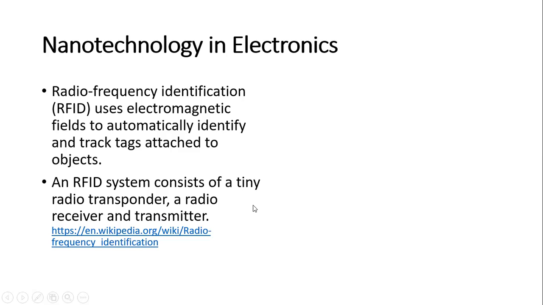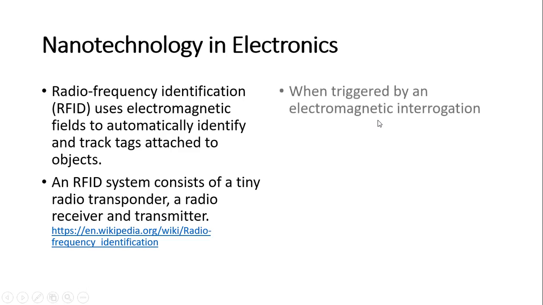So basically, it has to have a reader. You have to send out radio waves, then identify the tag, and then you have a receiver. Right? Transmitter and receiver. Then identify the car, then you can make payment.